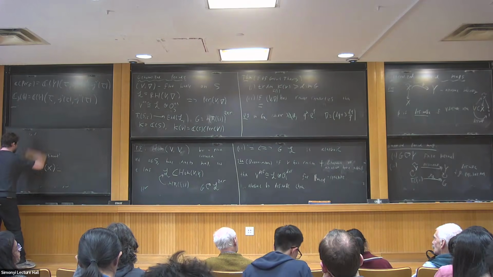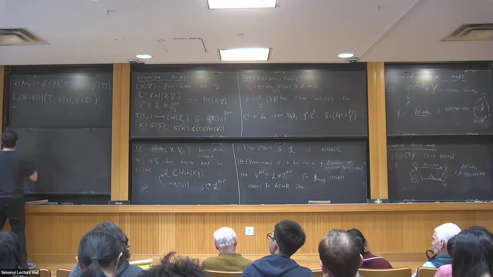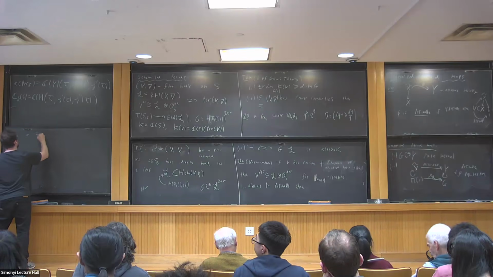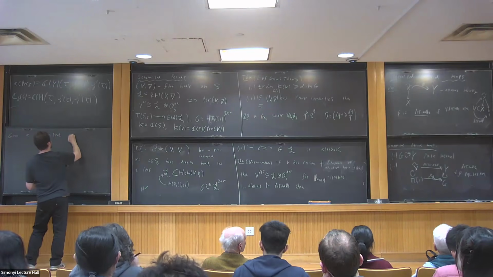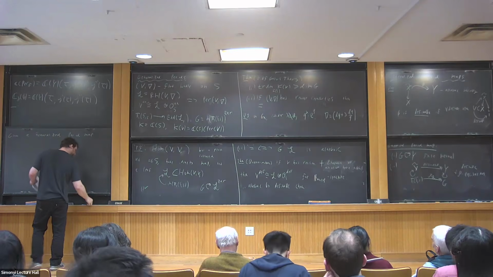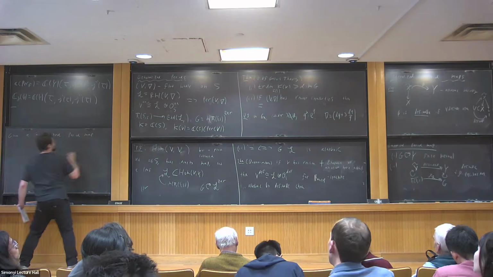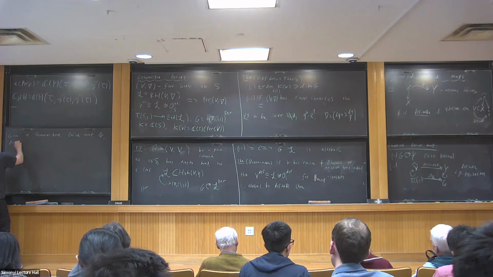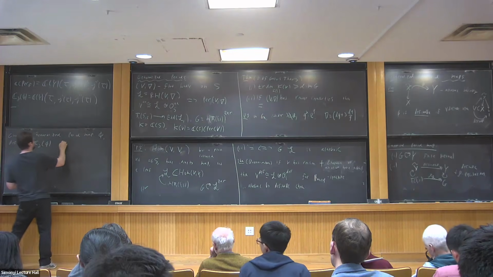Now, given this kind of setup, given a generalized period map phi, we can define C del phi as before.